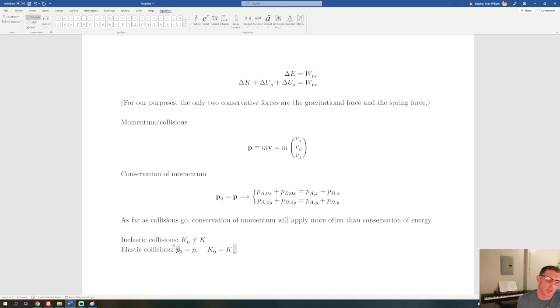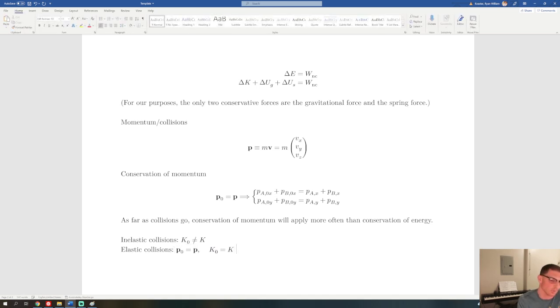And now the paradigm for an elastic collision is two objects that collide and stick together. So for sure, if you see a problem where the objects collide and stick together, wait.